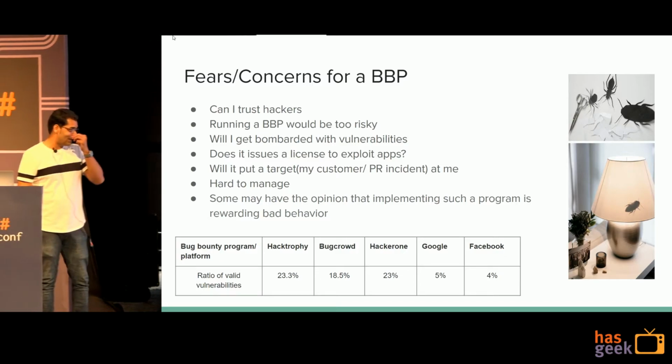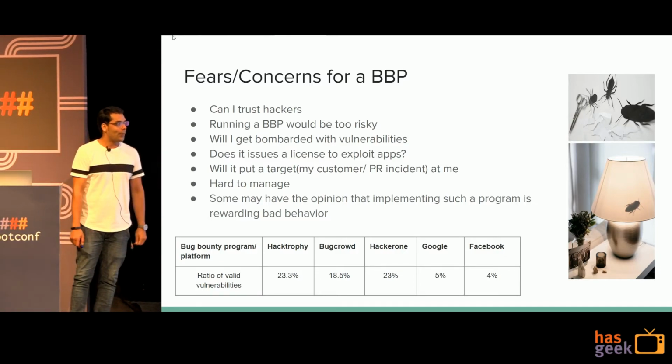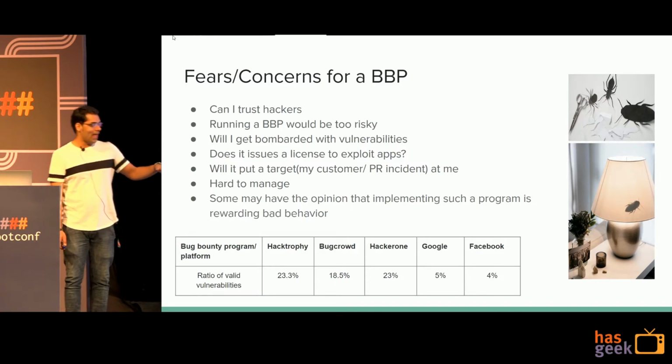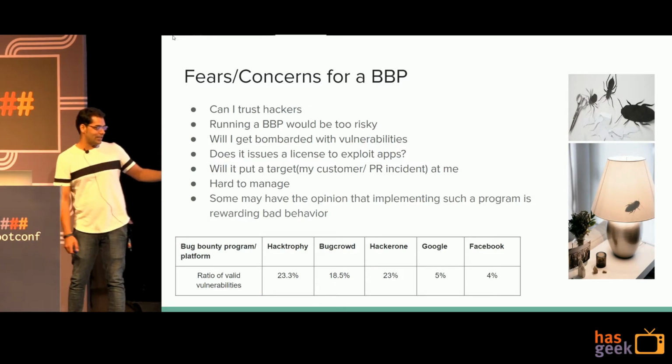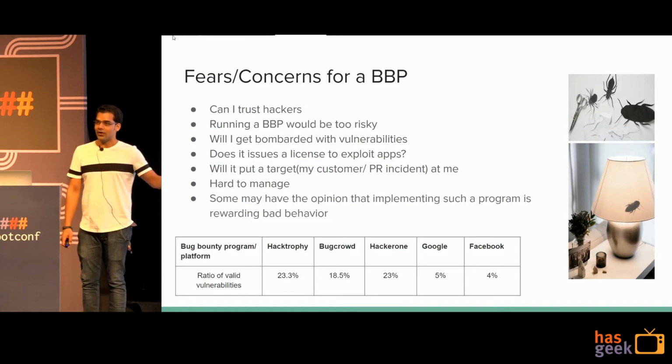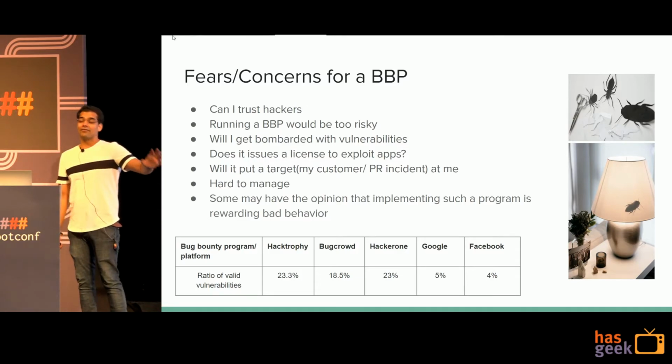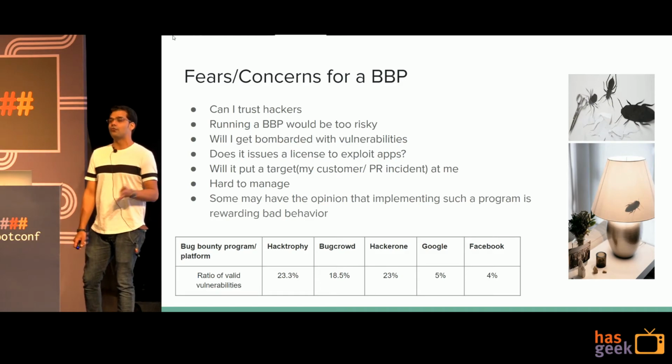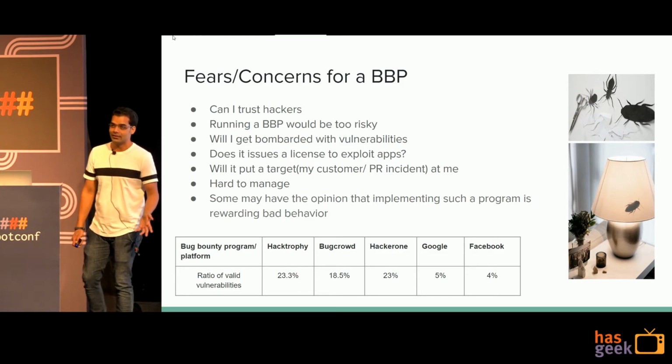This is a stat from HackerOne where they talk about valid issues. Out of 100 submitted bugs, 23.3% are valid bugs. At Facebook, out of 100 submitted bugs, only 4 are valid. The rest are invalid.